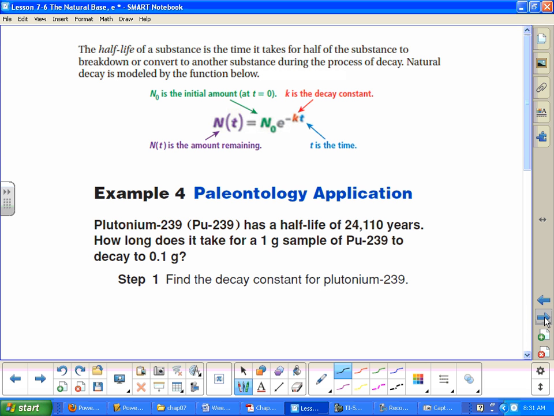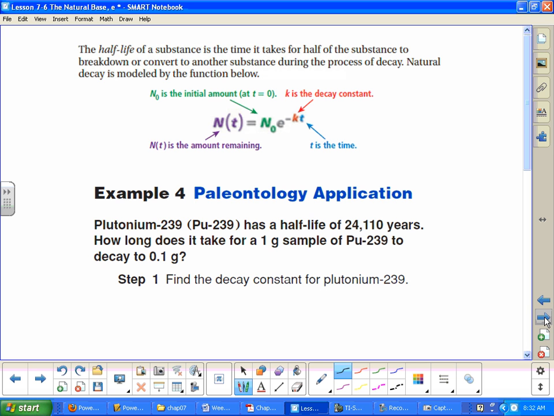All right. So last thing, half-life. The half-life of a substance is the time it takes for half of the substance to break down or convert to another substance during the process of decay. Natural decay is modeled by this function below.